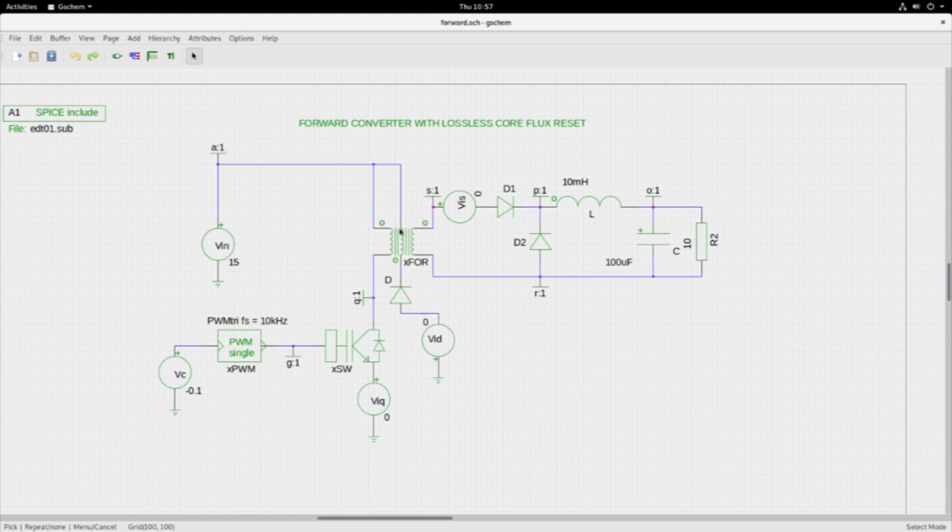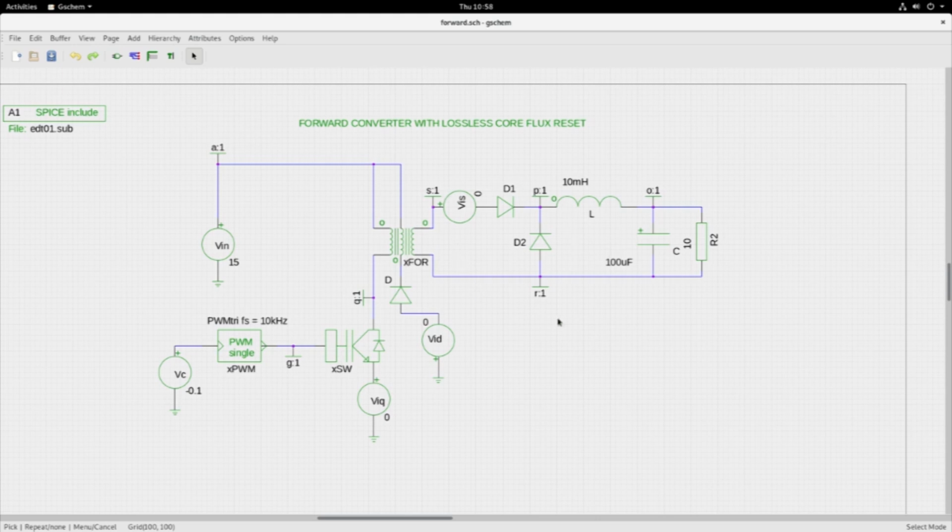you will see that the non-dot end will become positive and will drive the magnetizing current through this demagnetizing winding, forward biasing this diode D. So this way the core reset will happen, but note that the magnetizing energy is pumped into the supply, thereby recharging the supply, and it is not getting lost as heat, and therefore the efficiency of this type of core reset forward converter is much more because it is lossless.